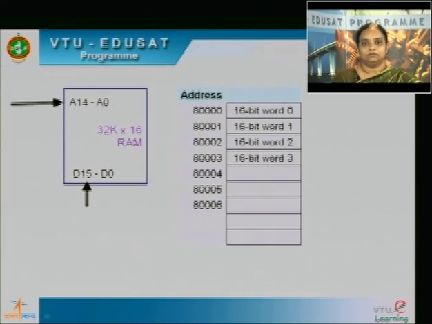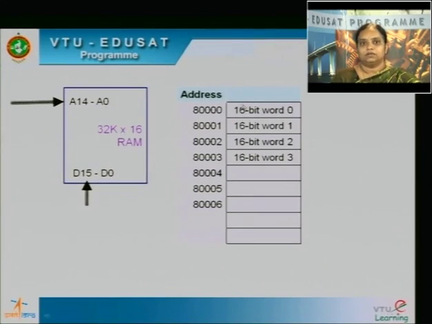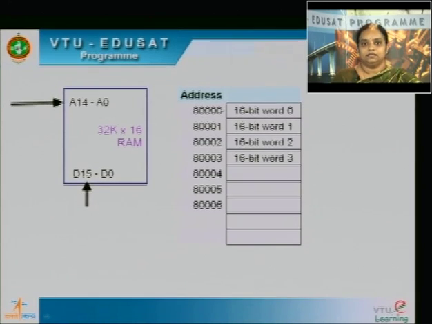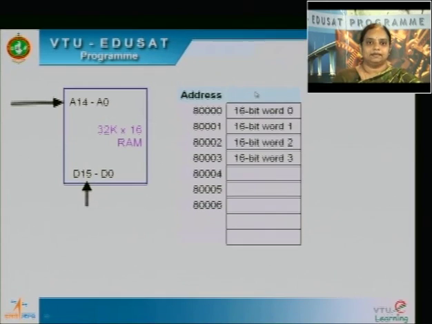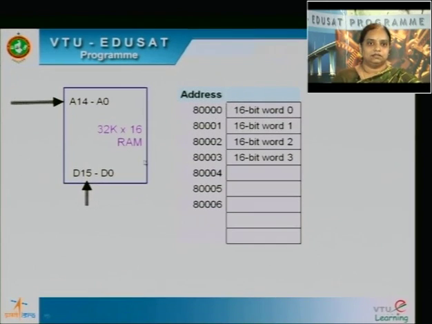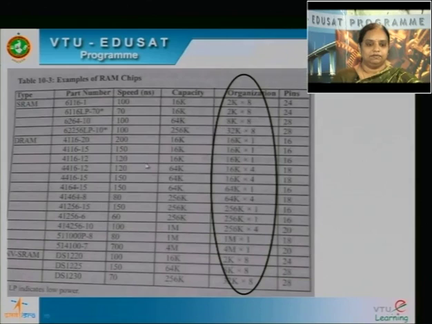The best would have been if we had a 32K into 16 RAM. Then each location can hold a 16-bit word, and every time I put an address I get 16 bits of the word at a time. But this is not in practice. When we look at the conventional RAM chips available, all of them are across 8s, that is 2K into 8 or 8K into 8. There are lower configurations also, like 16K into 1.